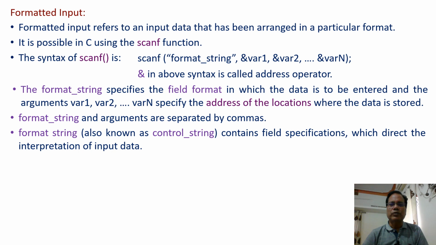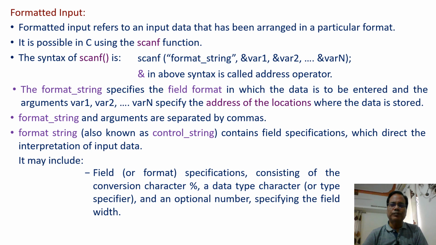Format string, also known as a control string, contains field specifications which direct the interpretation of input data. It may include a field or format specification consisting of the conversion character percentage sign, a data type character or type specifier, and an optional number specifying the field width.